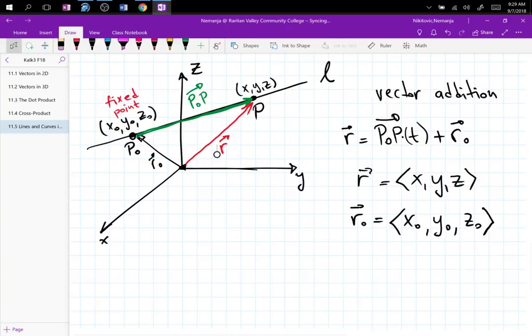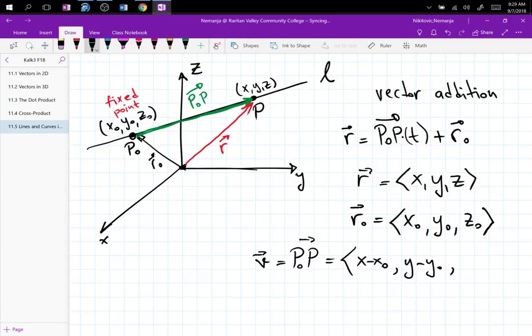And then finally, we are going to call this vector V, which is the P0P vector. We'll have the coordinates, well, we have to subtract, right? We have to go and say x minus x0, comma, y minus y0, comma, z minus z0.